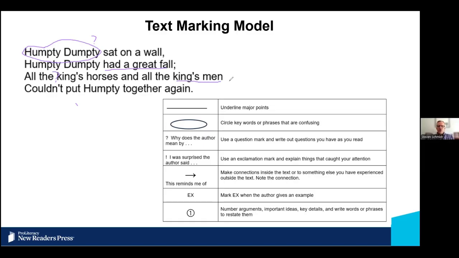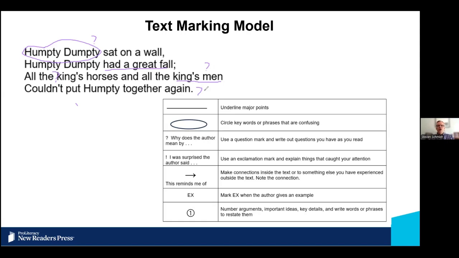Oh, so the king got together a group of people, and these are men, maybe these are powerful and important people in the kingdom, but I would be interested to know more about who these guys were. And then they're talking about putting him together again. What does that mean? Does that mean they did some surgery on Humpty Dumpty?